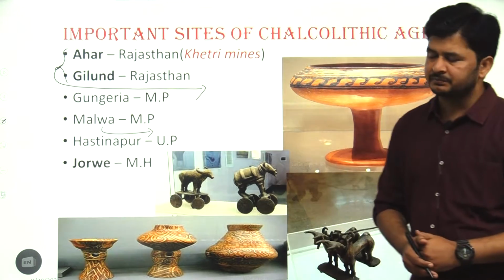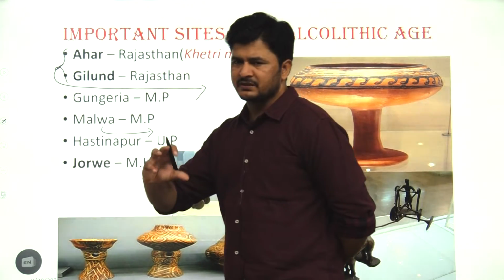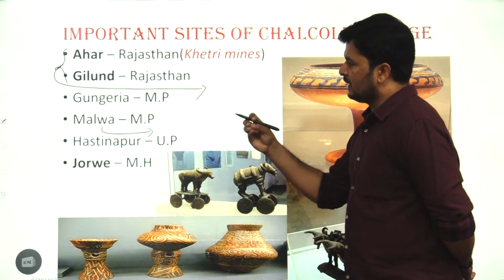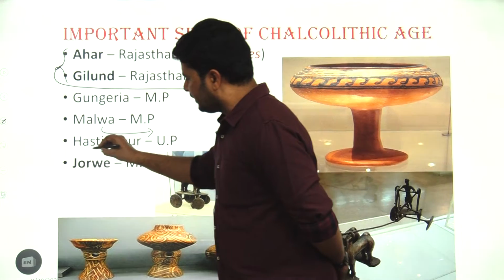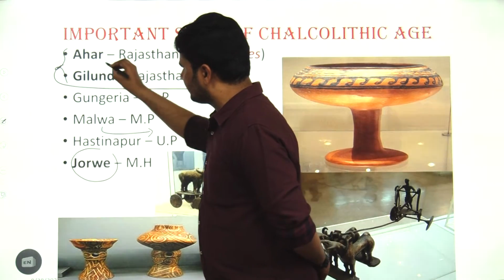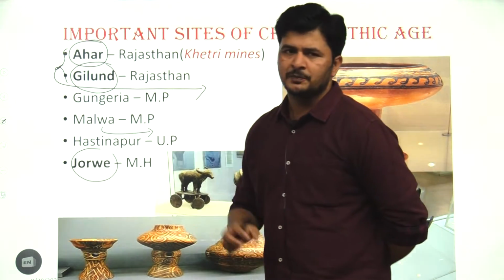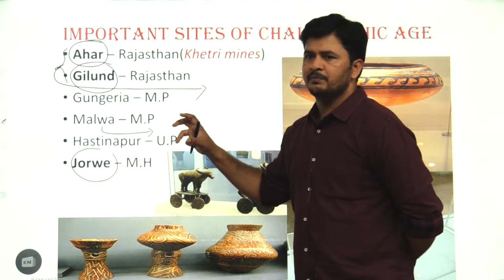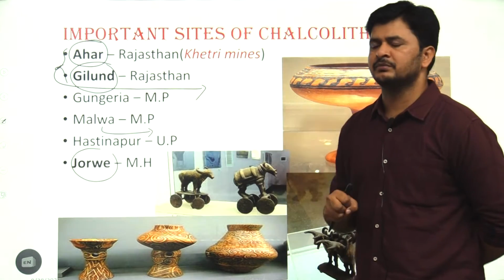And finally, Jorwe, Maharashtra. Look at the board. Unimportant, just to have an idea. It's an academic discussion. Ahar, Gilund, Jorwe: the prominent sites of Chalcolithic cultures, and these sites became some sort of headquarters.